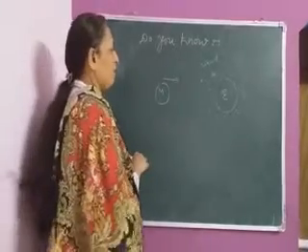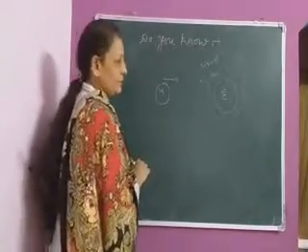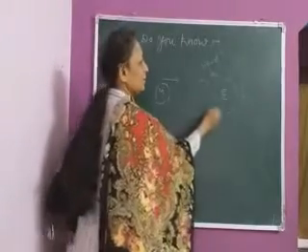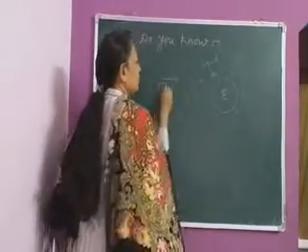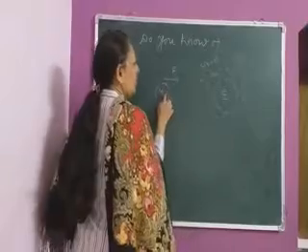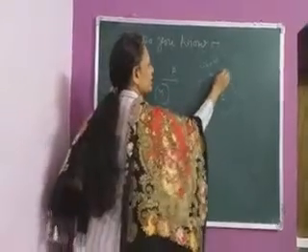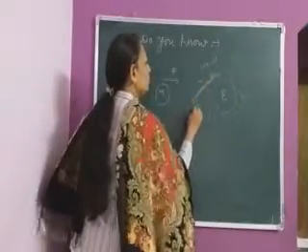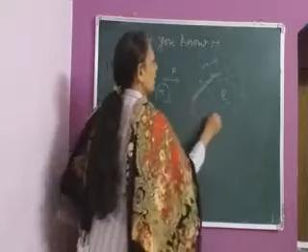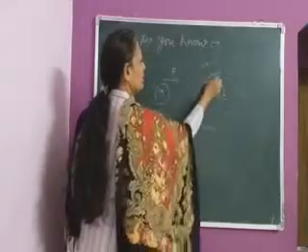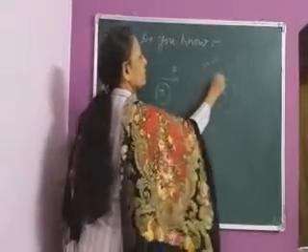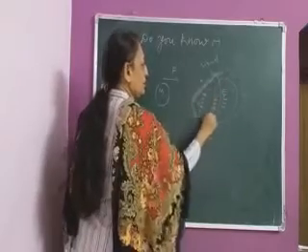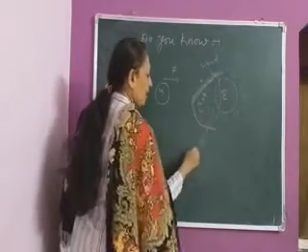We can see this in the form of tides. When Moon and Earth come in a straight line, due to the force of attraction, the water which is in the liquid state starts to flow toward the Moon. At this point, the water level increases on Earth, and this we call high tide.